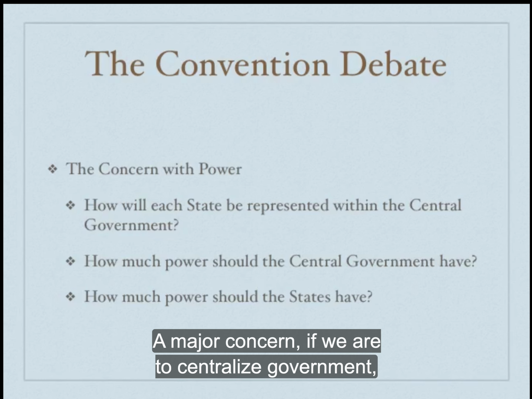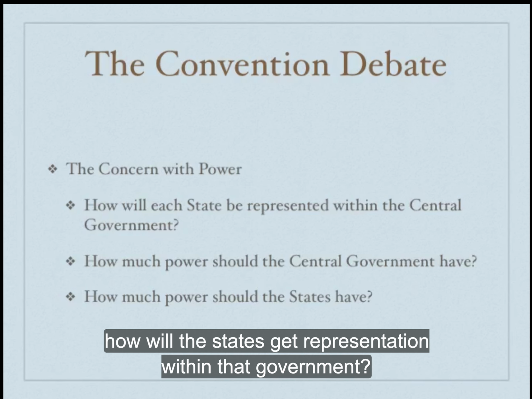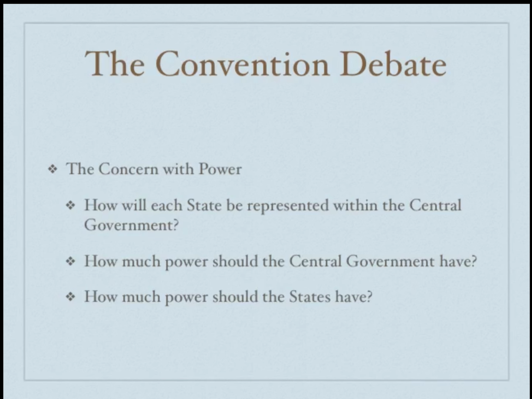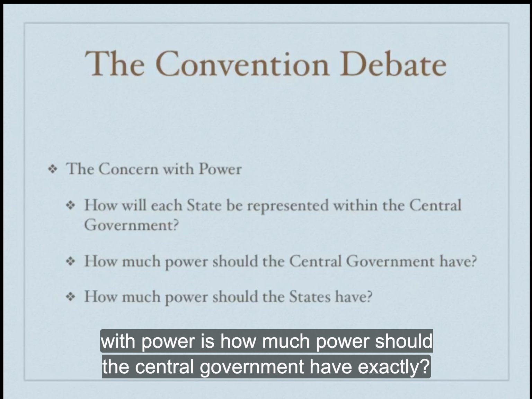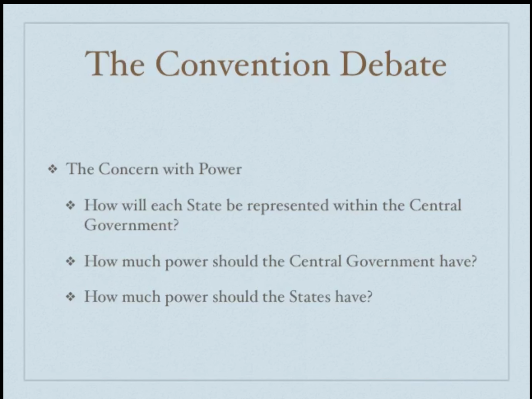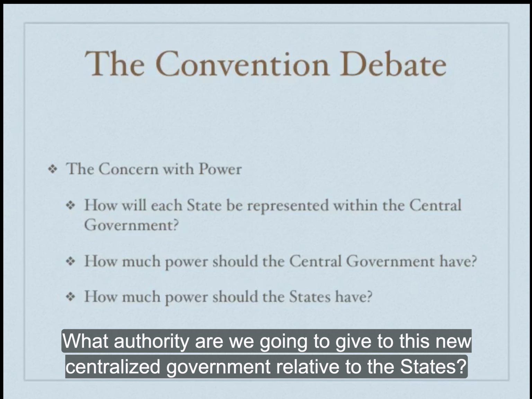A major concern, if we are to centralize government: how will the states get representation within that government? The second question, another concern with power, is how much power should the central government have exactly? What authority are we going to give to this new centralized government relative to the states?